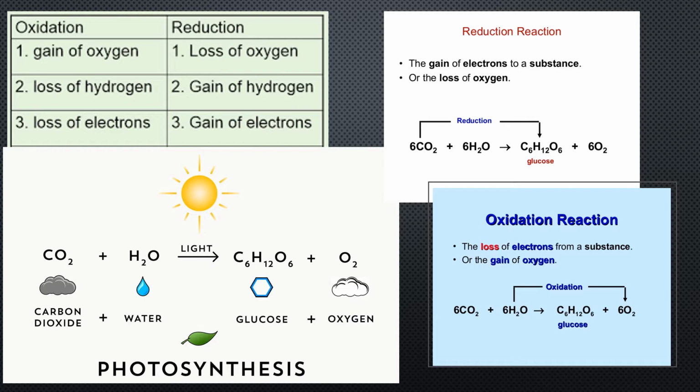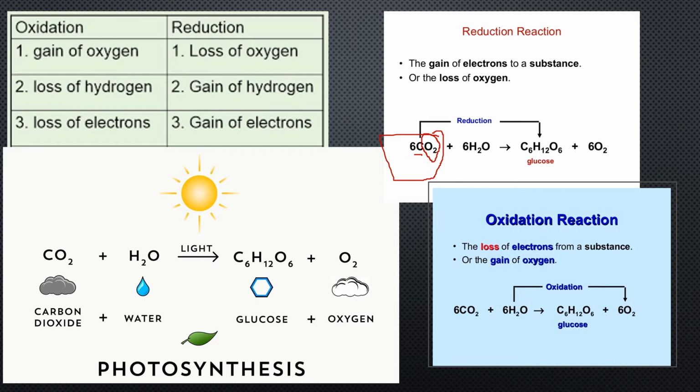One of the main redox reactions that we're going to be looking at shortly is photosynthesis. Here is a simplified version of the photosynthetic reaction. We start with carbon dioxide and water, and using solar energy convert that to glucose and oxygen. If we look at the beginning with our reactants, we have 6 carbon dioxide molecules, which means we have 6 carbons and 12 oxygens because of this 2 down here.